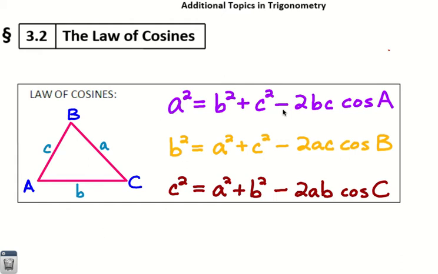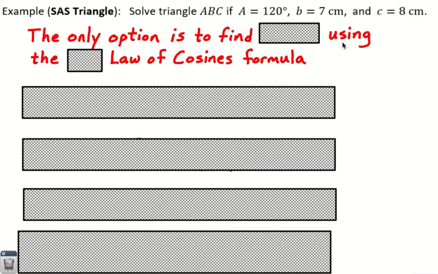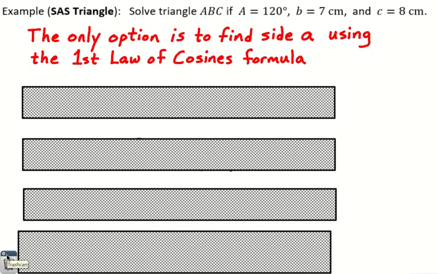And which would still be unknown? If we knew angle A, little b, and little c, side B and side C, it looks like the unknown would be little a, side A. That's okay. Having one unknown is actually what we want, because we're just going to solve for that. So we're going to be finding side A. It's our only choice. There's nothing else we could possibly do.